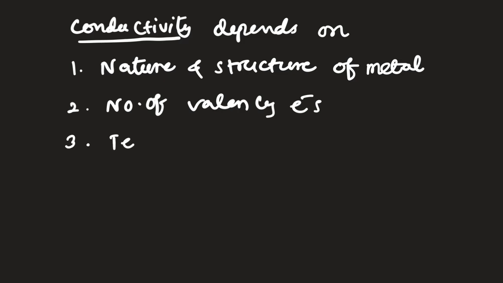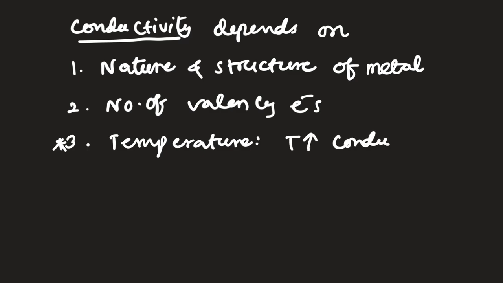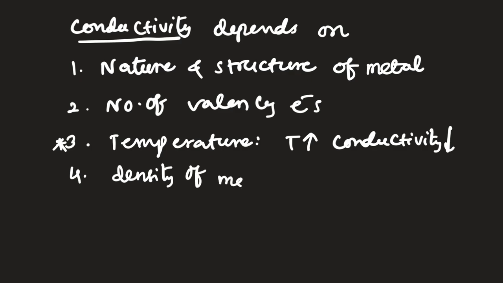Third one, temperature. This is important. Temperature increases, conductivity decreases. And fourth one, density of metal. Same, density increases, conductivity decreases. This is how conductivity depends on some factors.